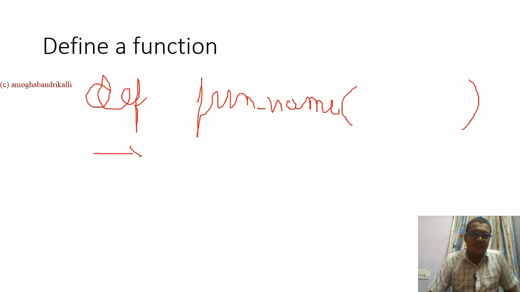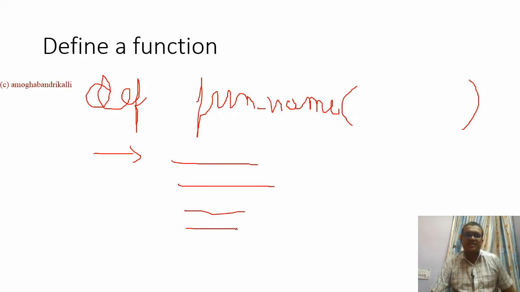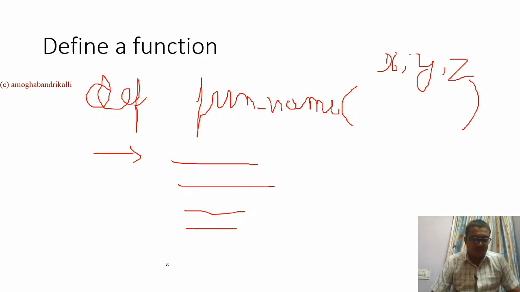After defining it, you give one tab and write the block of statements you want to perform. Next, you need to specify how many input parameters there are. They can be 1, 2, or however many parameters, and they should be generalized like x, y, z. You decide how many parameters, and you can have a return expression.